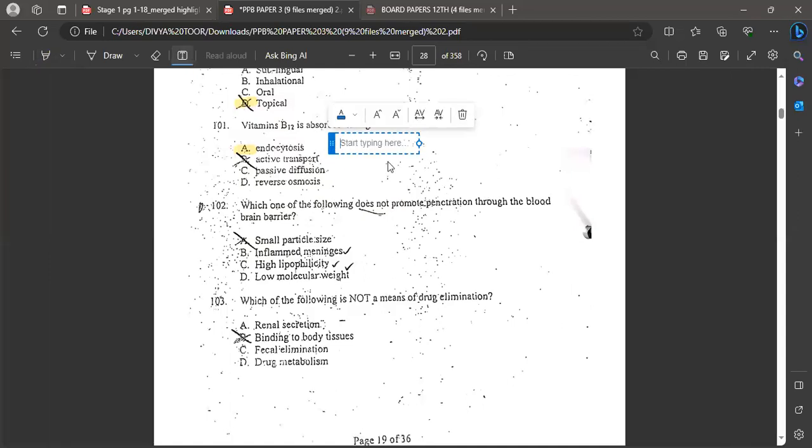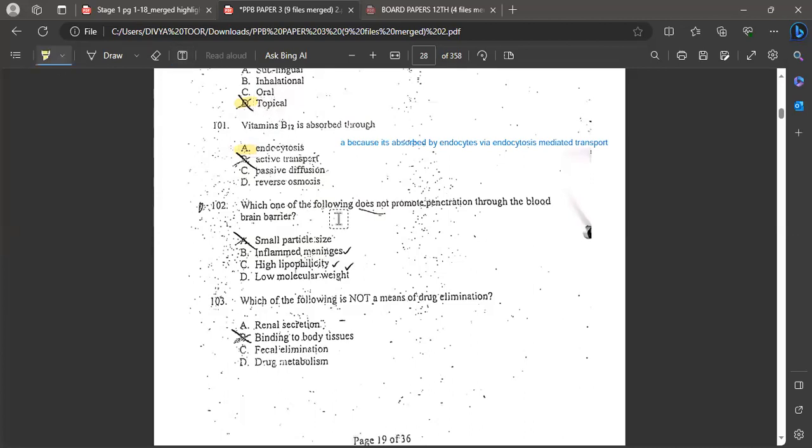Here it says it's absorbed by endocytes via receptor-mediated endocytosis via the apically expressed intrinsic factor CBL receptor. Yeah, that's all.